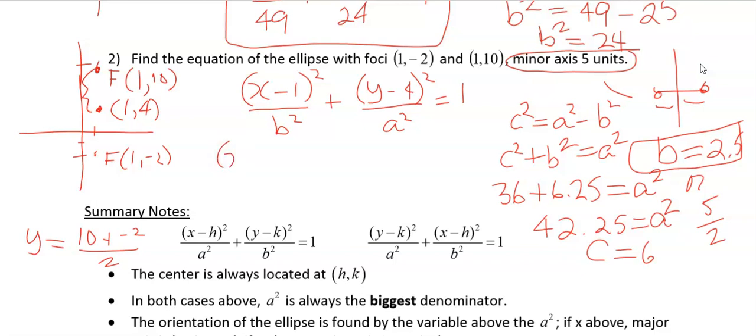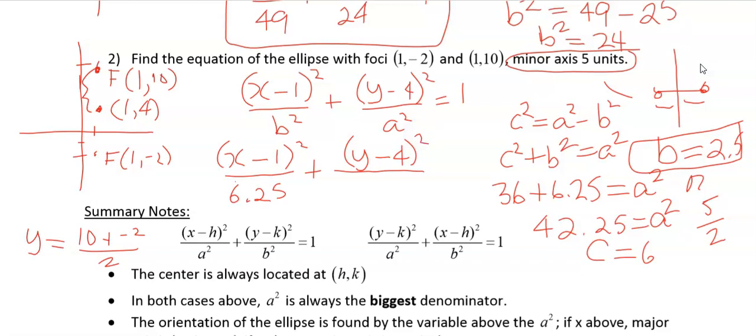So watch this. X minus 1 squared over b, remember, was 2.5. But there's a lot to this, isn't it? We call that 6.25 plus, and then this is one of the trickier cases, I'm pretty sure, because it was made trickier because of the fraction or the decimal.